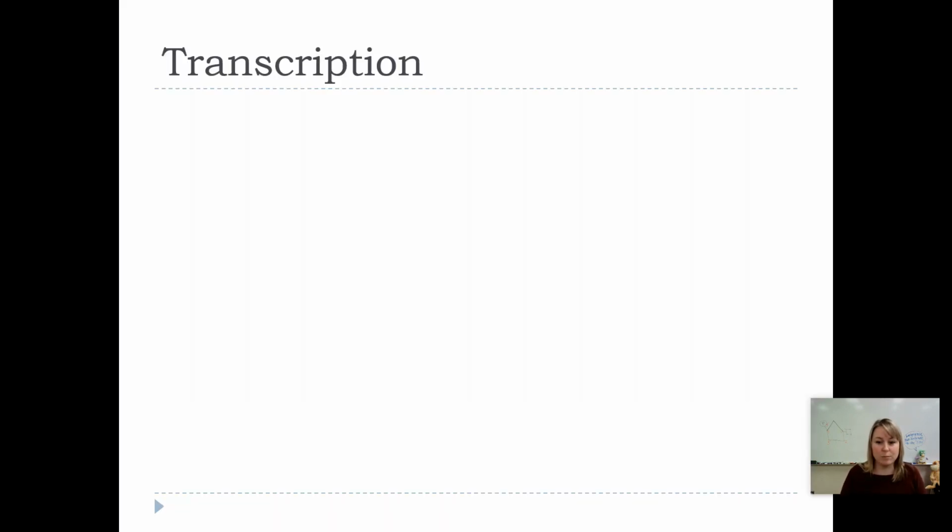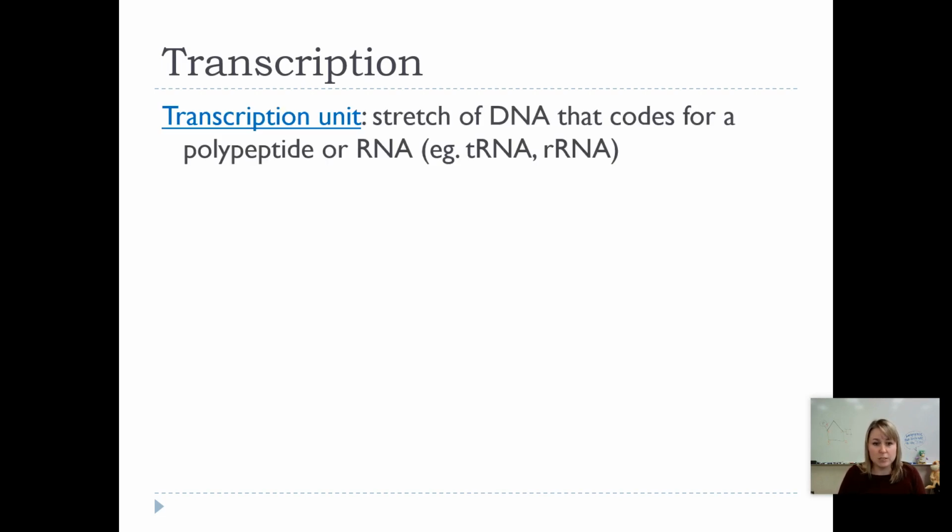Concept 17.2 focuses mostly on transcription. A transcriptional unit is a segment of DNA that codes for a specific RNA molecule. So we have, again, all the RNAs are coded for by your DNA, even the transfer RNA and the ribosomal RNA.